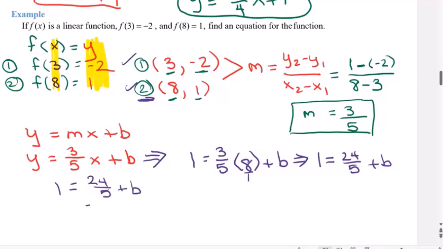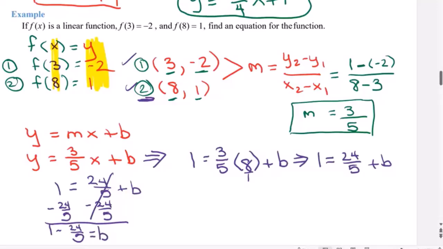I'm going to subtract 24 over 5 from both sides, and I get 1 minus 24 over 5. This is 0 equals b.